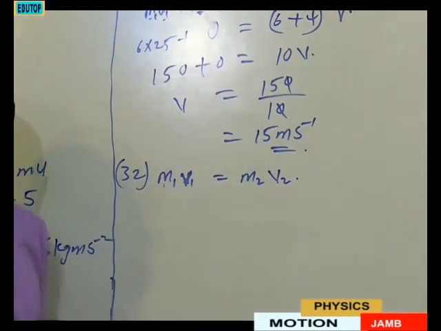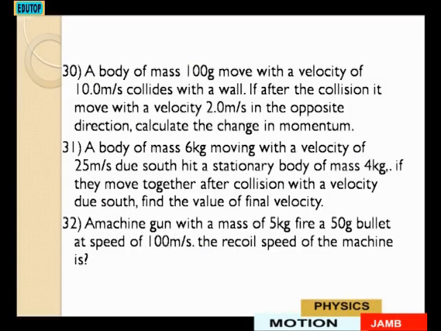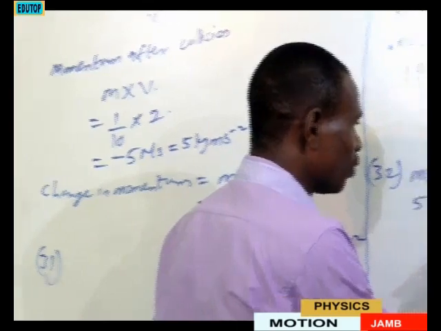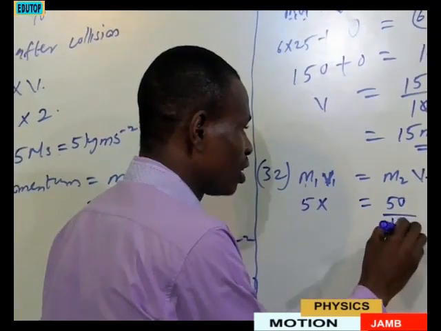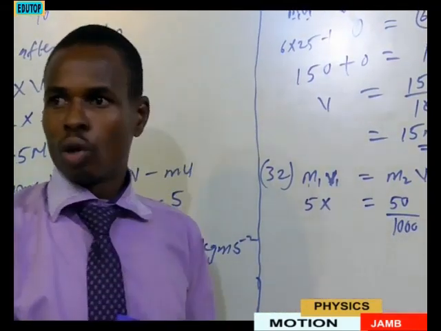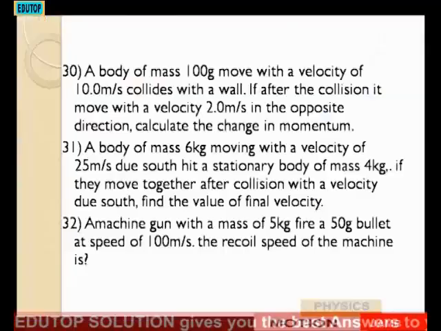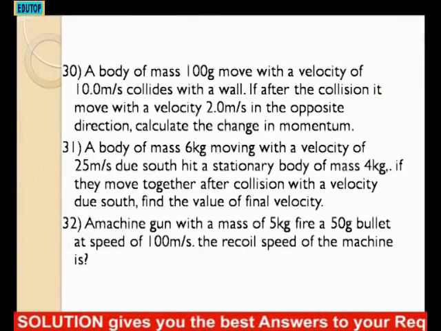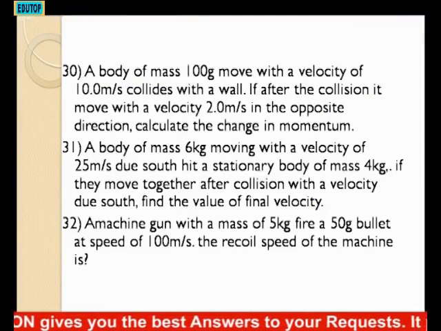So in this case, if you look at the question, they say a machine gun with a mass of 5 kg. This is 5. Fires a 50-gram bullet. This is equal to 50 over 1000, back to kilogram, because we are given it in gram, at a speed of 100 meters per second.